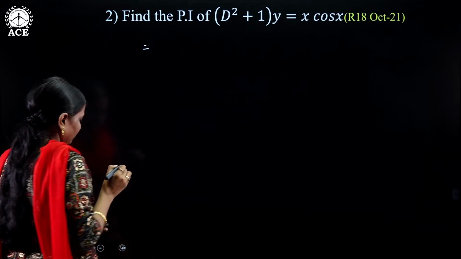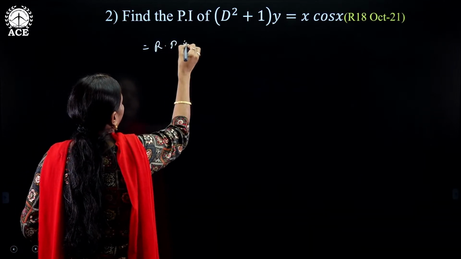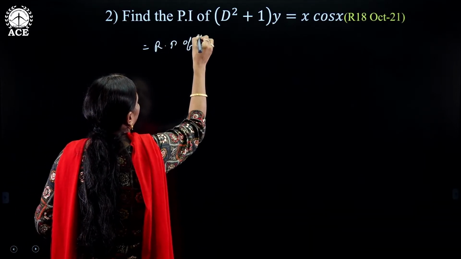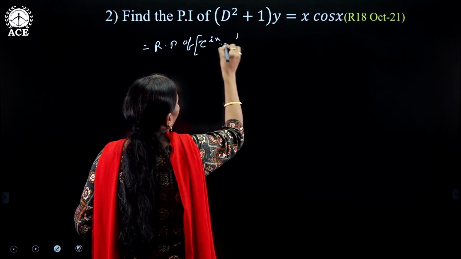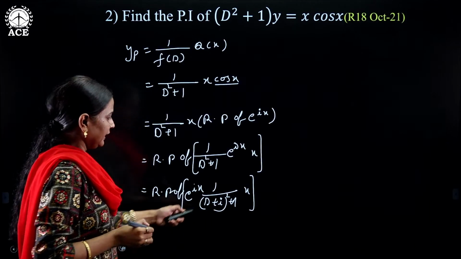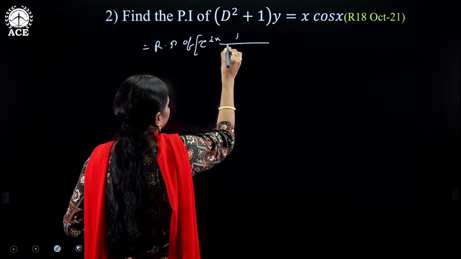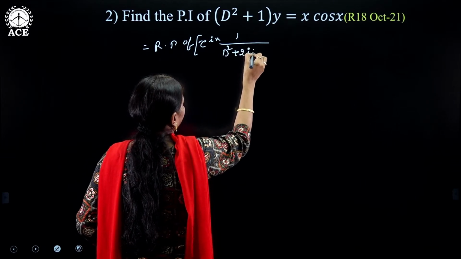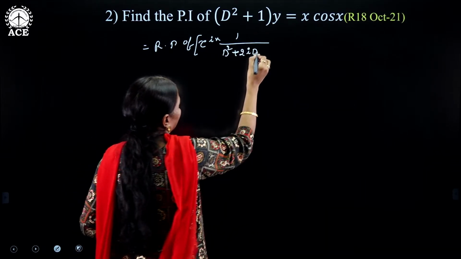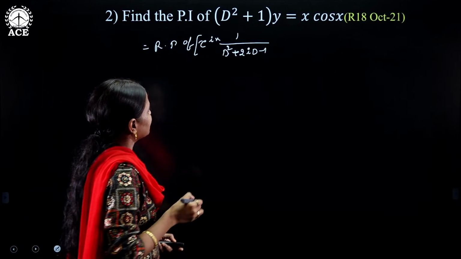So the next step: the real part of e power ix into 1 by D plus i whole squared plus 1. D plus i whole squared is nothing but D squared plus 2iD plus i squared. i squared is minus 1, and the remaining term is plus 1.